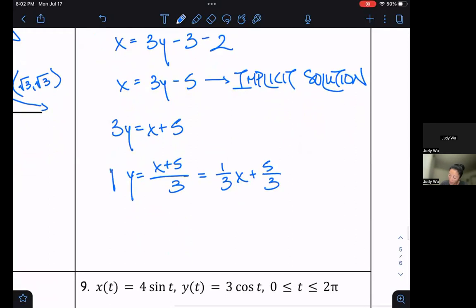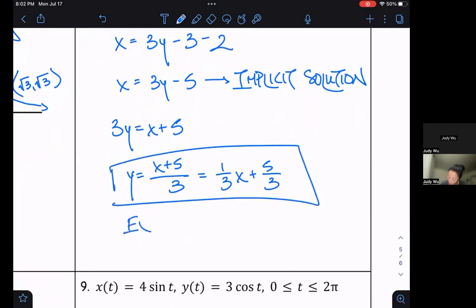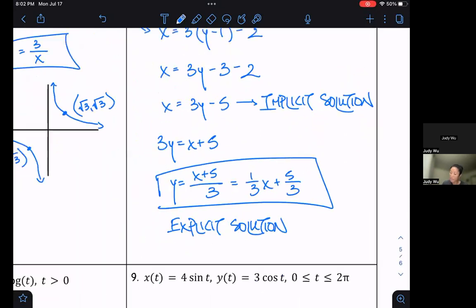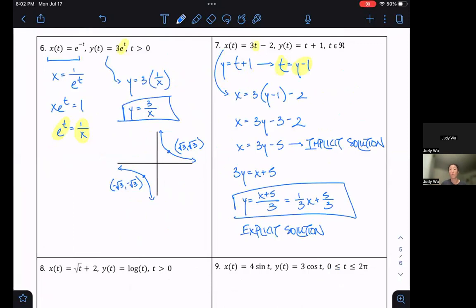Then this would be what we call an explicit solution, meaning we have it solved for y. And from here, we know it's a line. Slope is 1/3 and the y-intercept is 5/3.